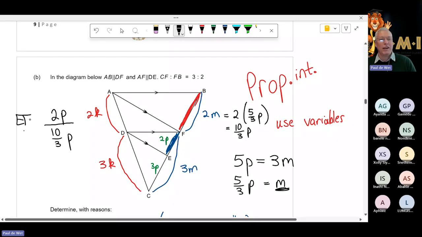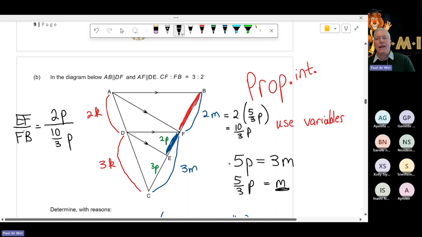You've done all the hard work. I don't know if I'm getting confused or if you're getting confused, but look at this. EF is 2p. FB is 2m, but m is 5 over 3p. So FB is 10 over 3p. Yeah, that's it now, okay? Now, equals 3 over 5.